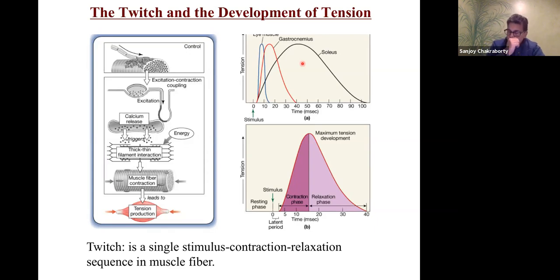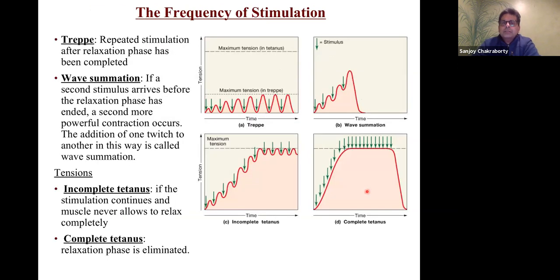Now what happens when multiple signals come? Follow me here. If the signal comes here, the contraction phase goes up and then the signal ends and the relaxation begins right here and then ends. Now, if a signal comes right there, they will go up again. But interestingly, if you notice here, the next peak is higher.